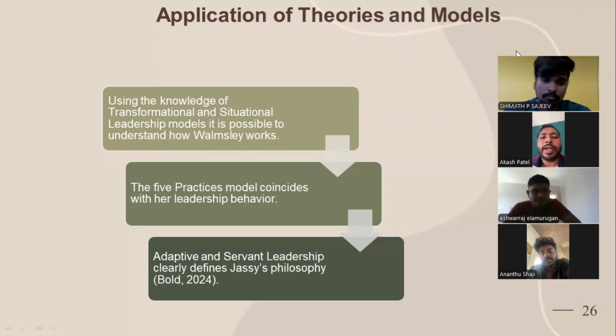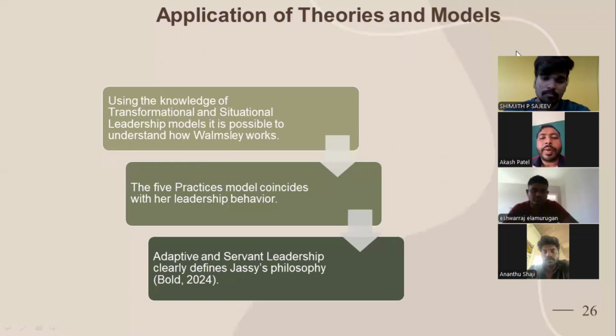Application of theories and models. Those theories offer a basis for understanding Walmsley and Jassy as leaders. In the context of Walmsley, transformational leadership illuminates the vision aspect of her personality, and situational leadership points to her adaptability and flexibility.